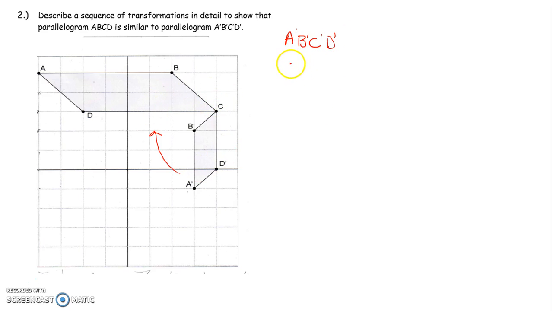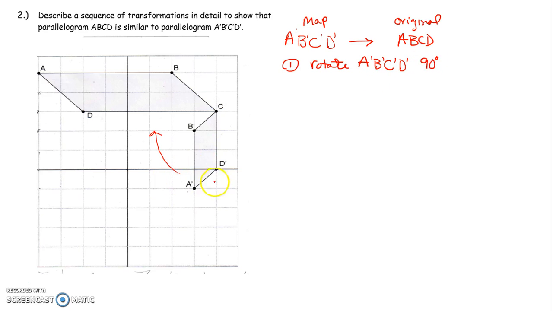So what I would do is, step one, I'm going to map the image back onto the original. You can do it the other way, but I'm going to choose to map the image back onto the original. So I'm going to go ahead and rotate A prime, B prime, C prime, D prime 90 degrees, and I'm sweeping it up this way, and that would be the direction of a clock.